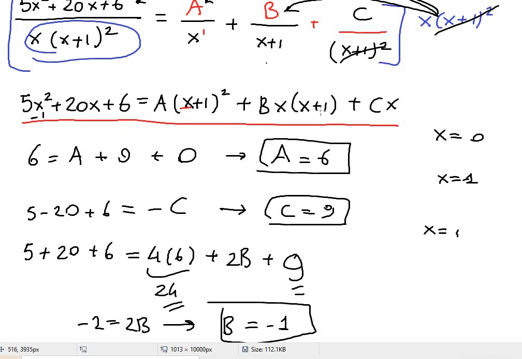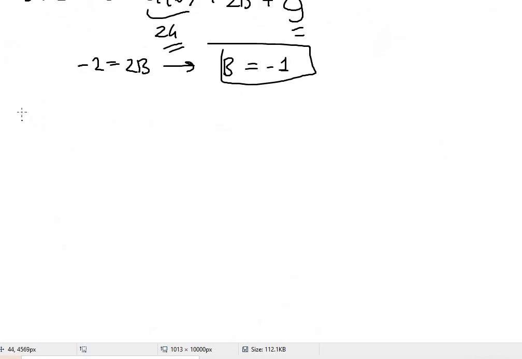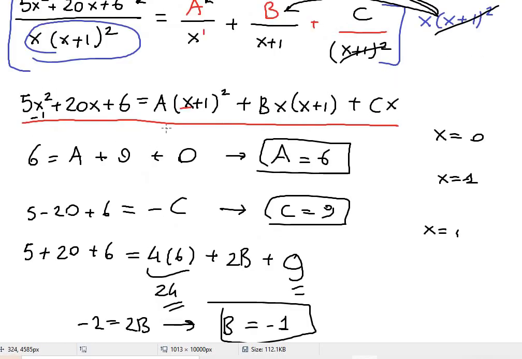Now we know a, b, and c. We can substitute a over x will be 6 over x. So our new integral will be, instead of a over x, we have 6 over x. B is negative 1, so let's use directly negative 1 over the second factor, x plus 1.